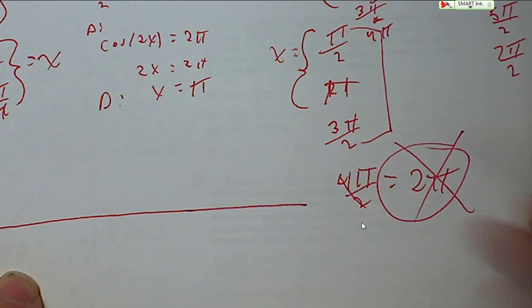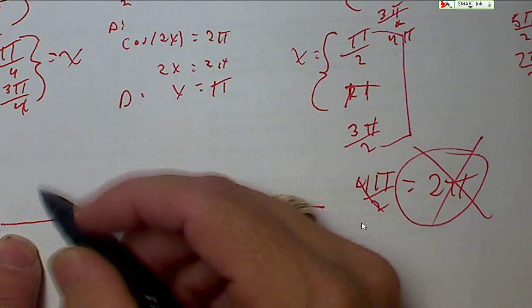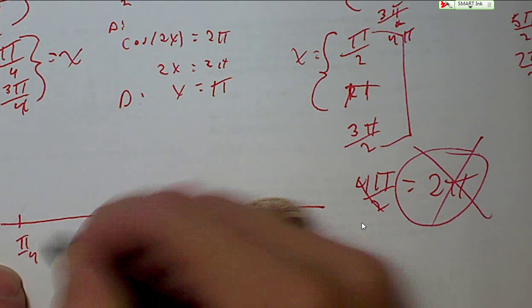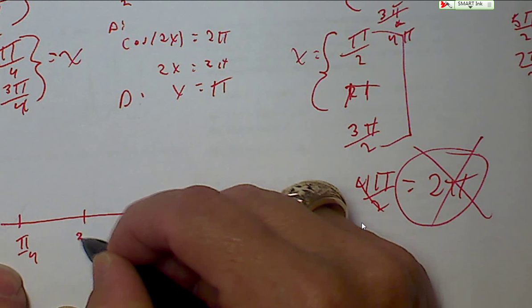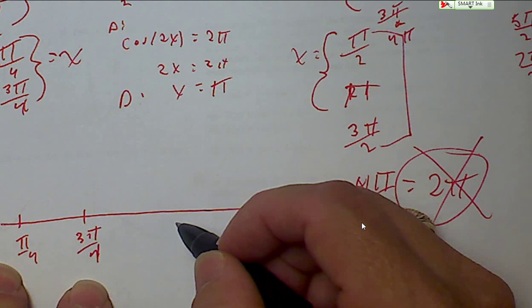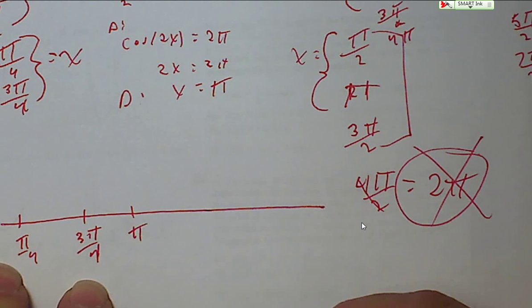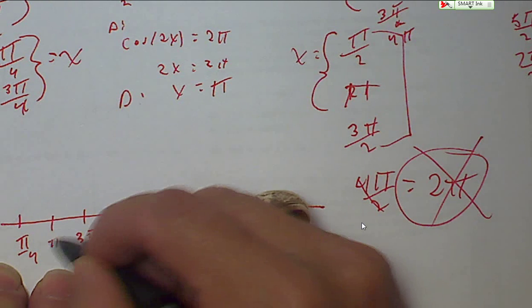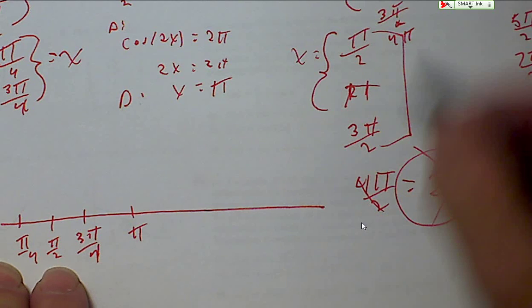So I have pi over 4, 3 pi over 4, pi over 2, that would be 2 pi over 4, pi over 2, right? So I'm dealing with that one.